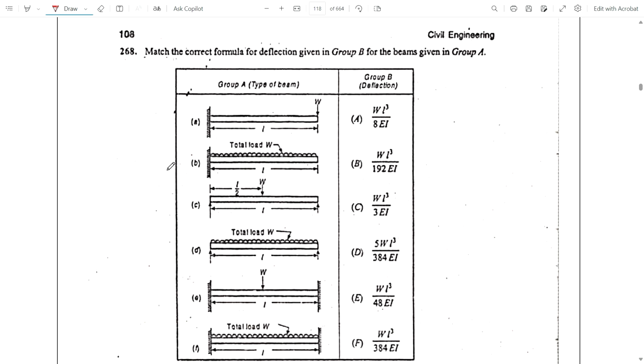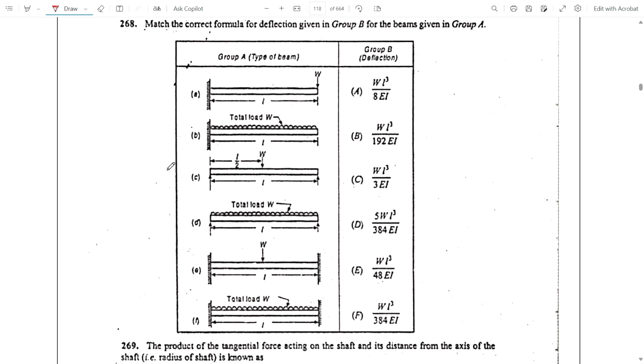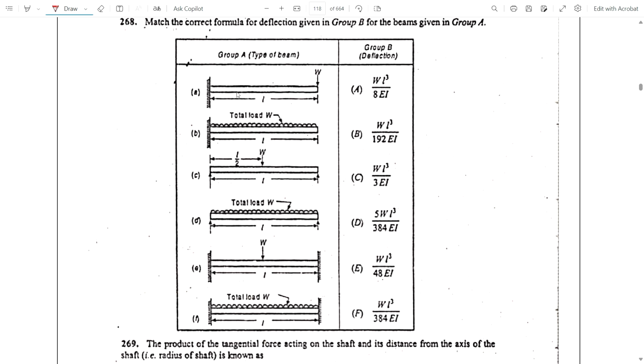It matches the correct formula. You see this is a cantilever beam, load is given at the free end, and the deflection is WL cube by 3EI. Option C is the correct answer for this one. And this is for UDL: WL cube by 8EI, here capital W is given.